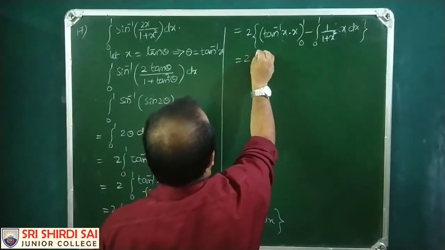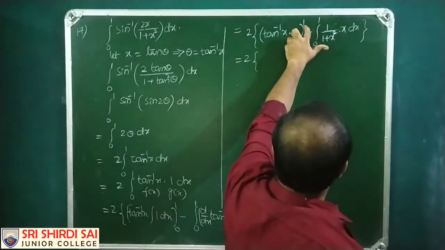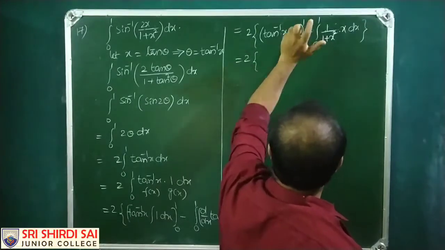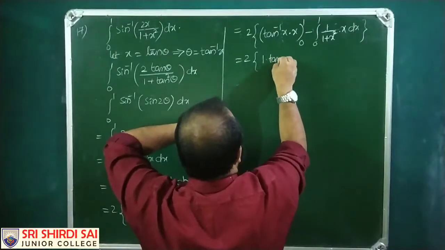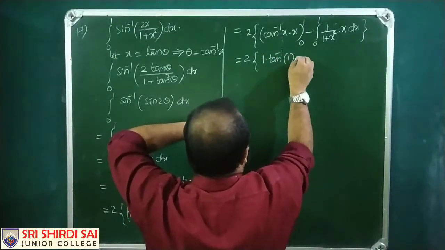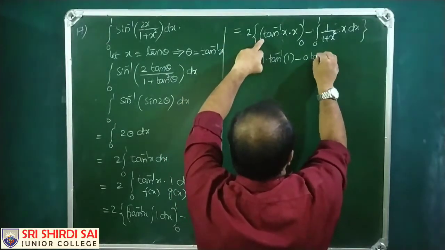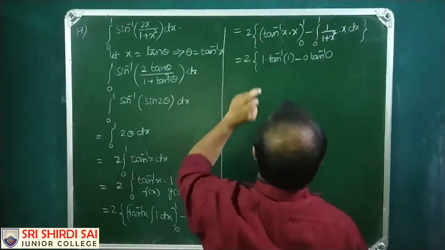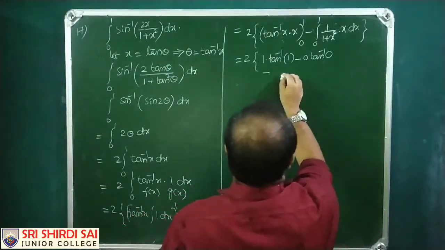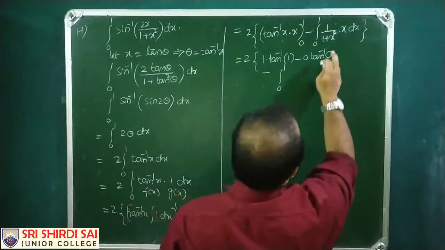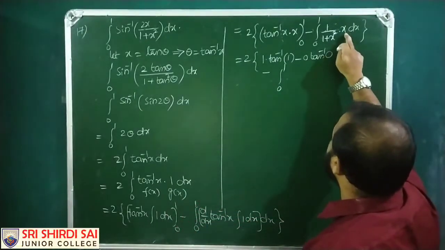So 2 into x tan inverse x, substitute the upper limit 1: 1 into tan inverse 1, minus lower limit 0 into tan inverse 0, minus integral 0 to 1. Here the derivative of 1 plus x square is 2x, so 2 is needed here.